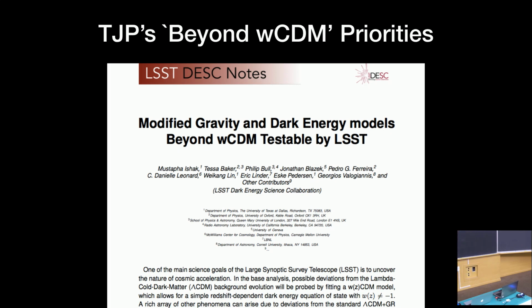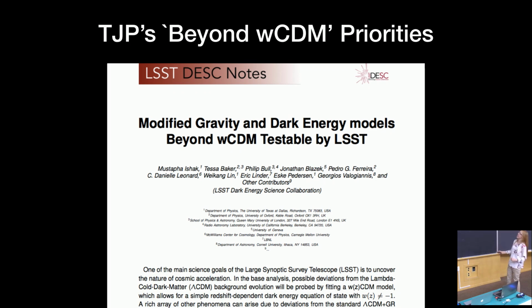This is the set of people who are trying to think about how to test ideas related to dark energy and gravity beyond a simple equation of state analysis. It's assumed that a bound on w, the dark energy equation of state, is going to be made as part of the core cosmological parameters analysis. And we're thinking about what can we do that is richer and more informative than that.